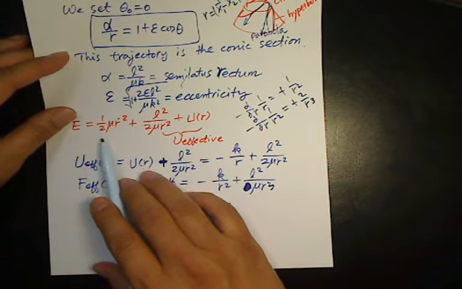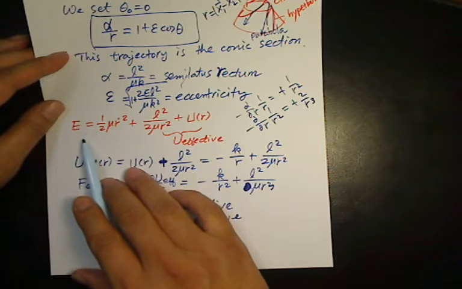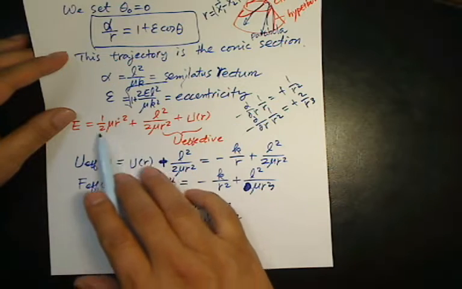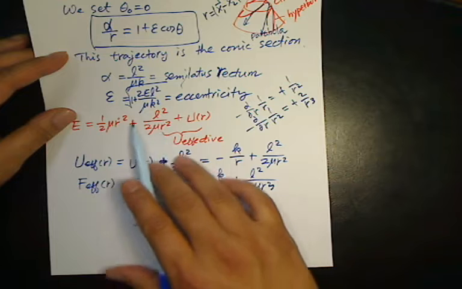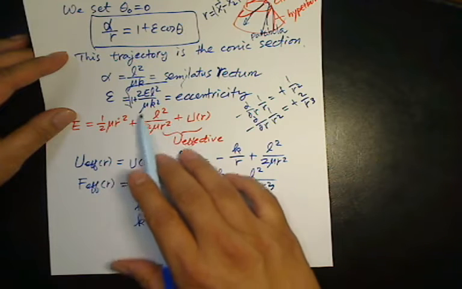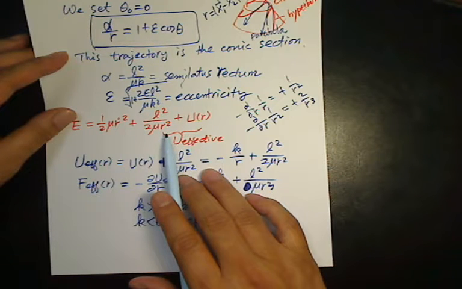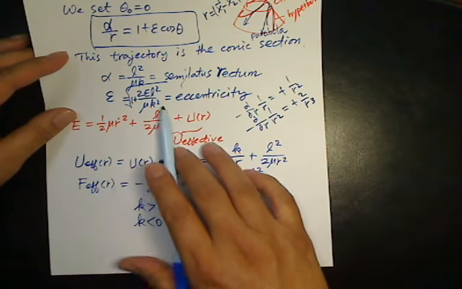If we reconsider the total mechanical energy expressed in terms of the radial kinetic energy and the rotational kinetic energy, that involves the orbital angular momentum.